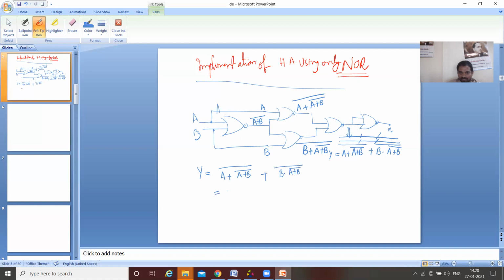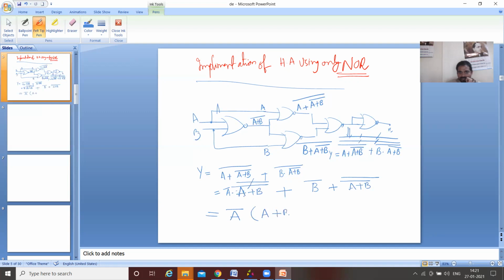Now apply the De Morgan principle. To understand this step, you have to know the De Morgan principle first. Now this becomes A bar dot (A plus B) whole bar, and these two bars get cancelled.